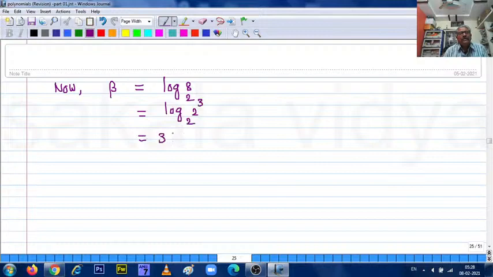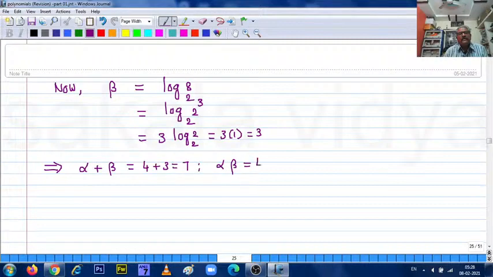Using power rule this can be written 3 times log 2 base 2. Log 2 base 2 is 1. So 3 times 1 is 3. So now alpha plus beta: alpha is 4, beta is 3, so 7. Next find alpha beta. Alpha beta is equal to 4 times 3, 12.